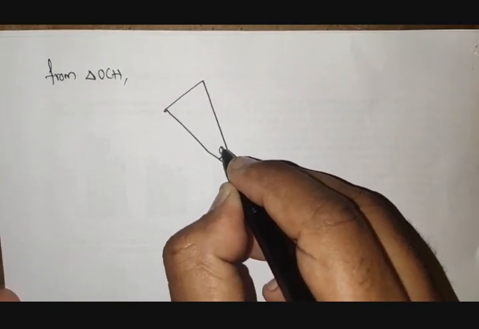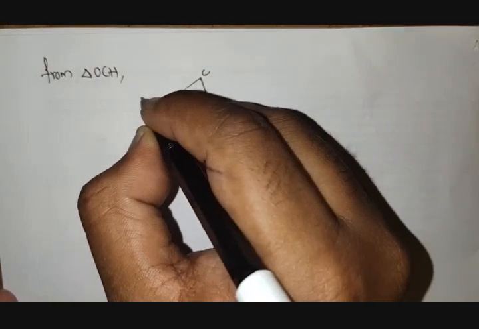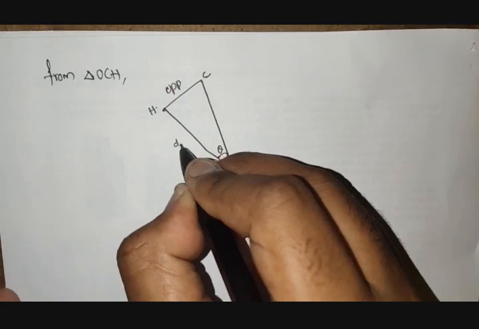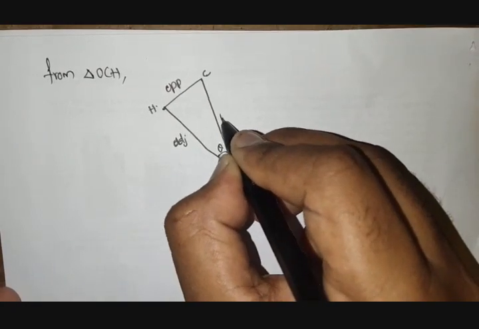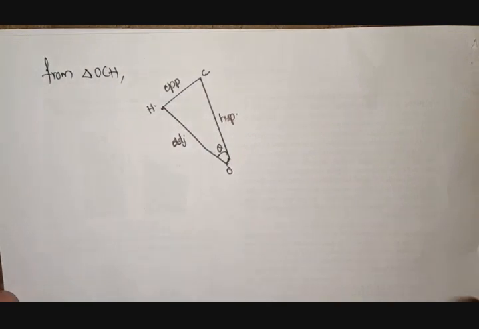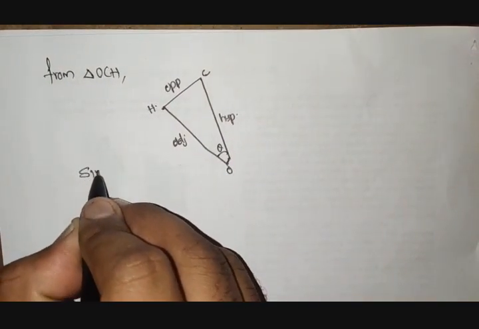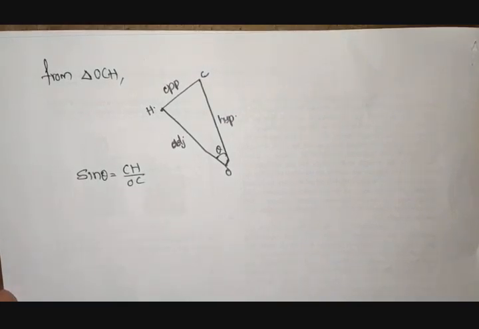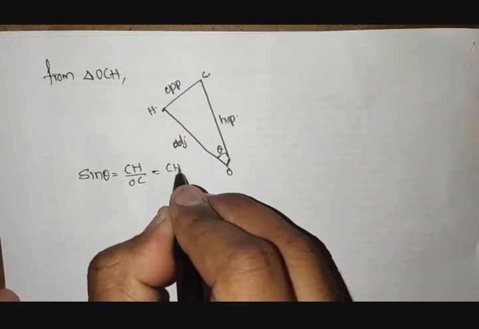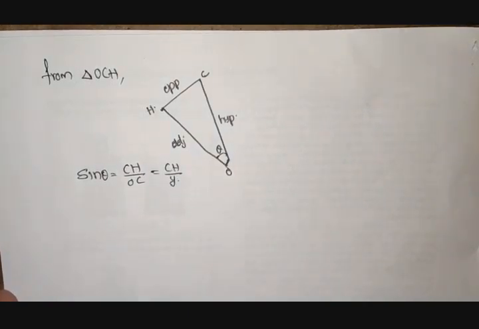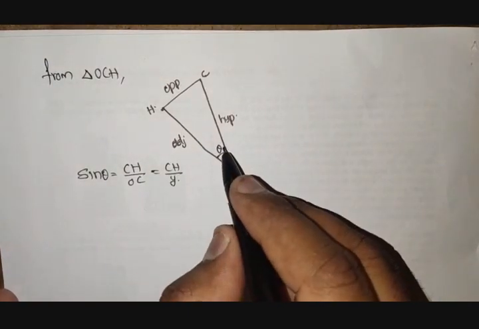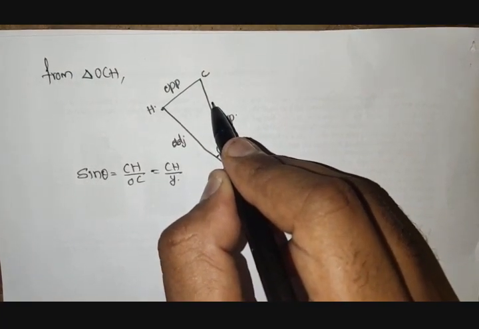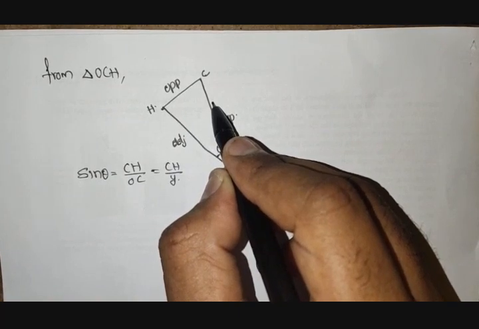Here it is making a triangle O, C and H. This is the opposite, this is the adjacent, and this is the hypotenuse. So from this, what is the value of sin theta? Therefore sin theta is equal to CH by OC, nothing but CH by Y. Here OC is nothing but from here to here, which is the value of Y.